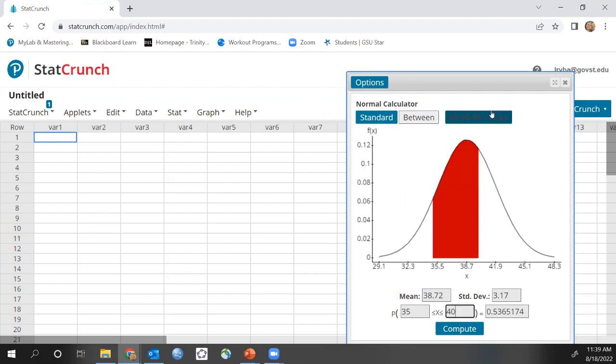Again, I always like to leave that 68, 95, 99.7 mark on, because it shows the standard deviations, the best way to look at the graph. Our answer here would be 0.5365. We'll always go to 4 decimal places. The digit after the 5 is a 1, so it does not change the rounding. So 0.5365 should be my answer.